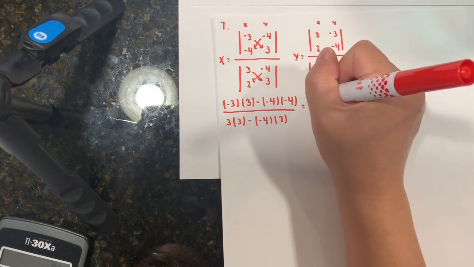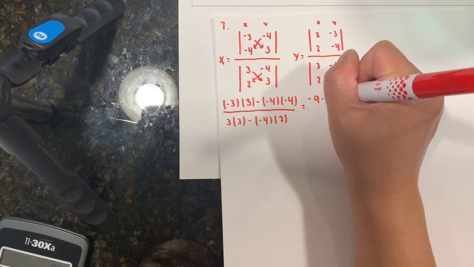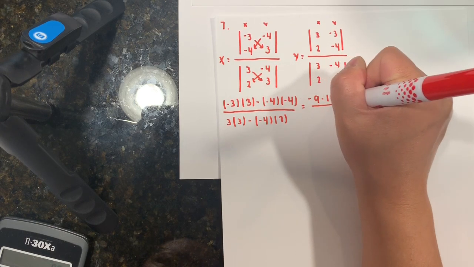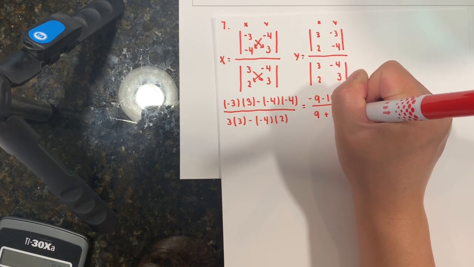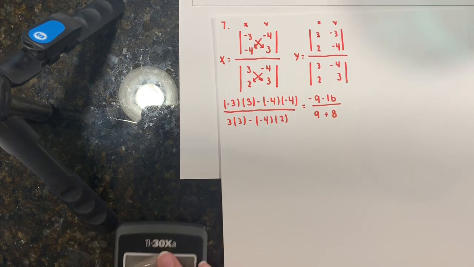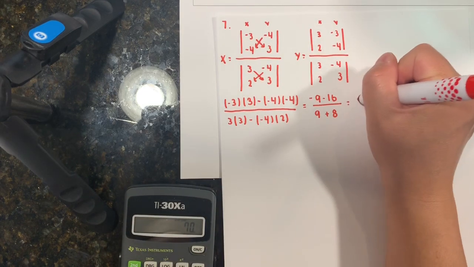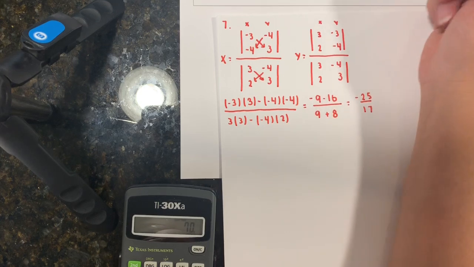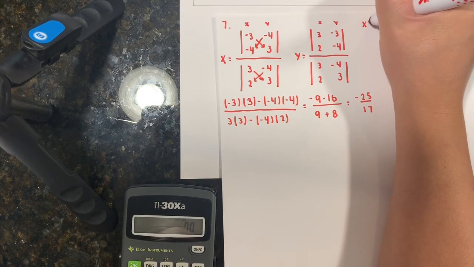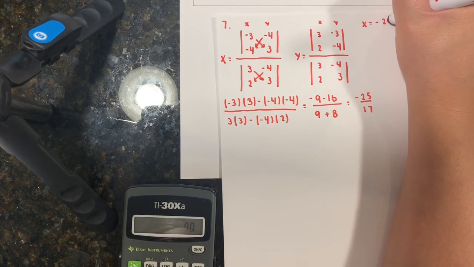So that's going to give me -9 minus 16 over 9 plus 8. So that would be -25 over 17. So x is going to be equal to -25 over 17.